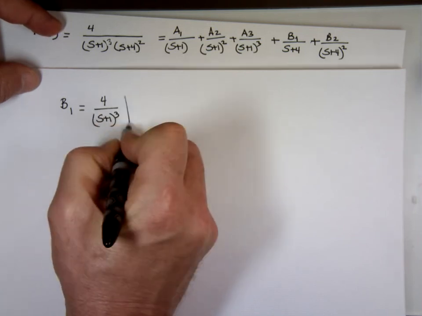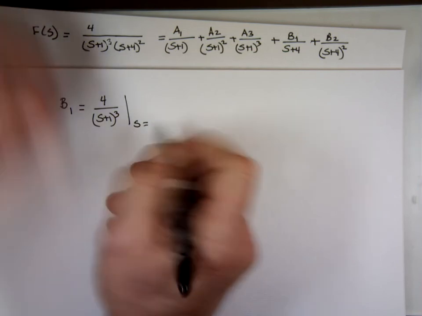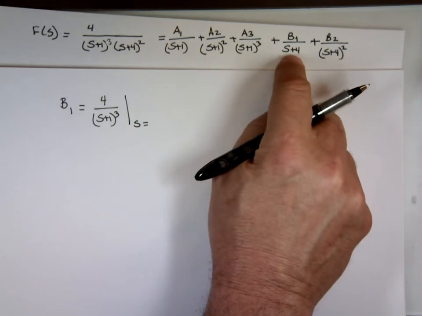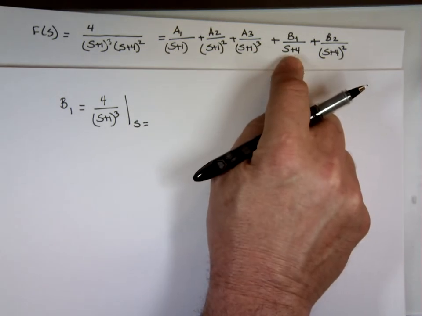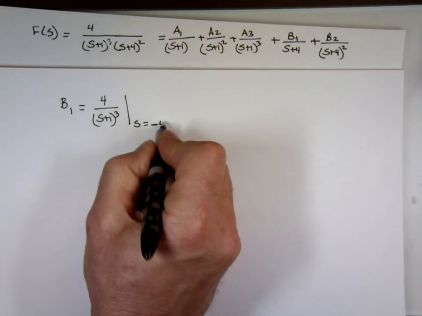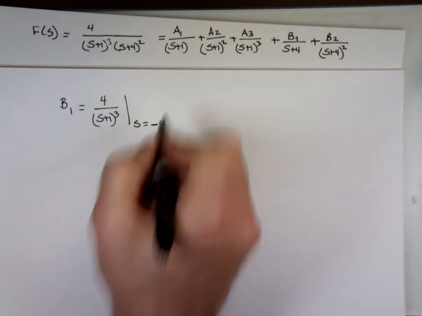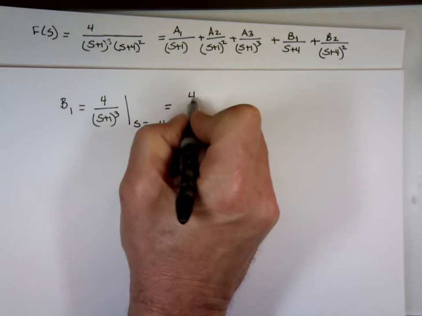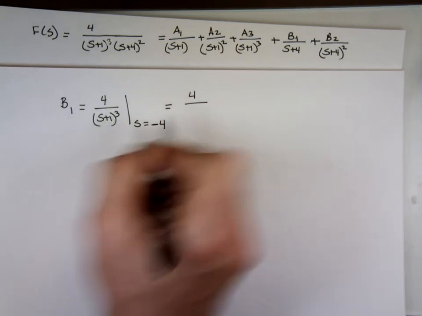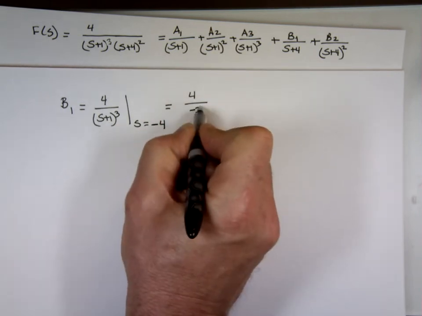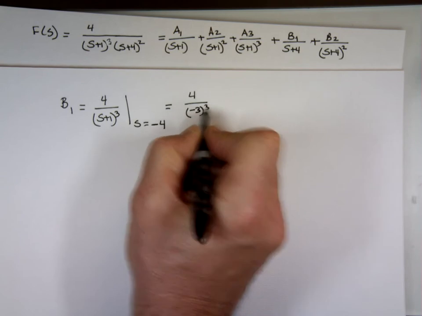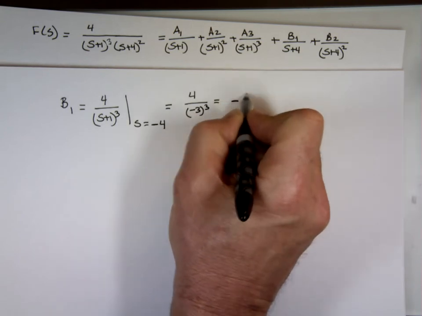When s equals, what makes the bottom of B1 0? Negative 4. That's 4 over, what's negative 4 plus 1? Negative 3, cube it. That's negative 4 over 27.